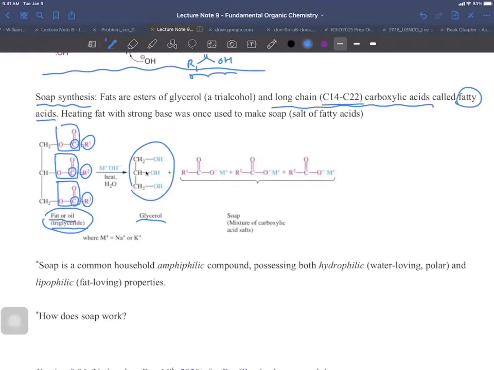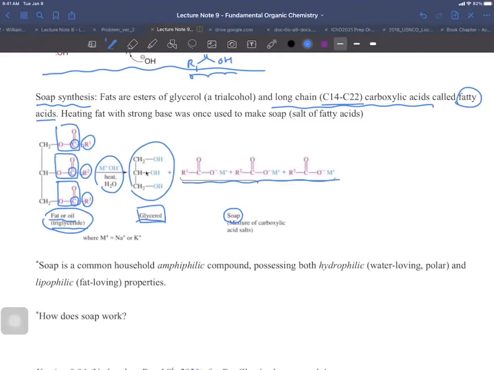So if we add a strong base and heat the system, the fat and oil, those triglycerides, can hydrolyze, change into the glycerol and the conjugate base of the fatty acid. And the conjugate base of the fatty acid are actually the component of the soap.